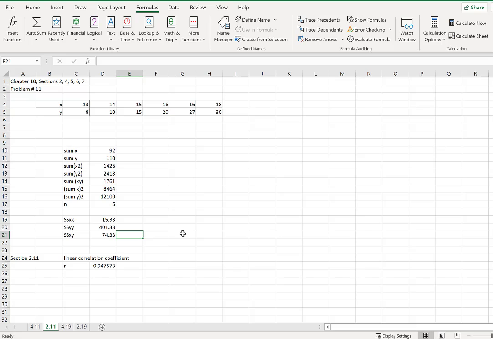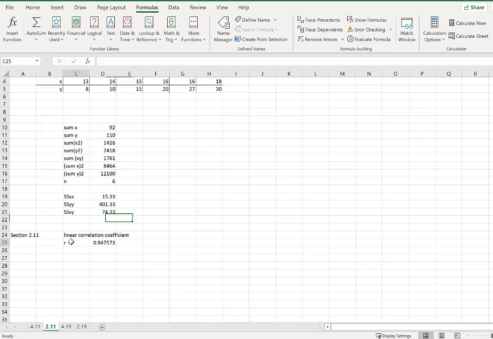Now then, our question here is, what's the linear correlation coefficient? That's what we were looking at for this particular problem. So I go to the definition that we had, which is the linear correlation coefficient R equals the sum of the square of xy, the blue one, d21, divided by the square root of the sum of the square of x's times the sum of the square of y's.